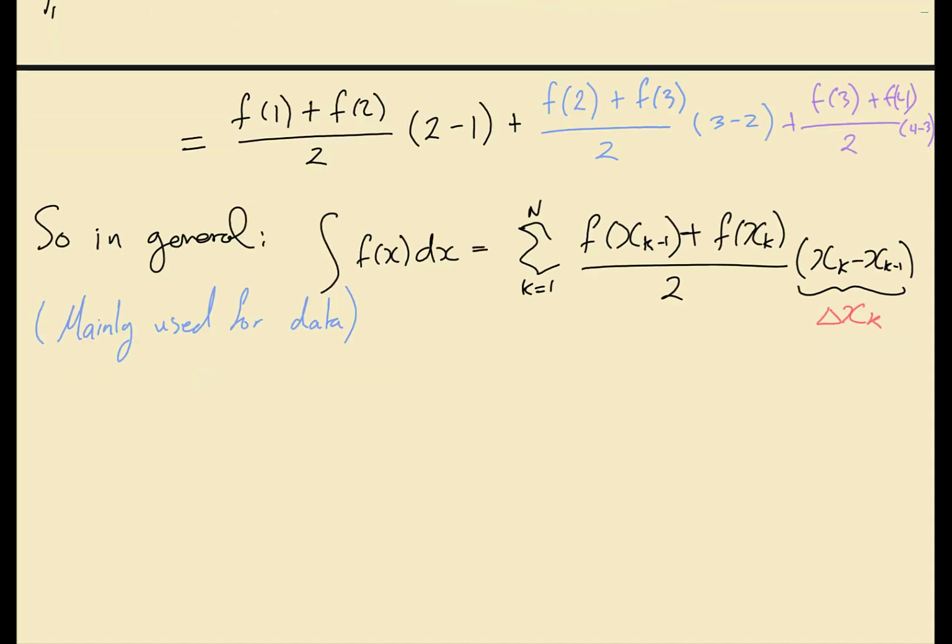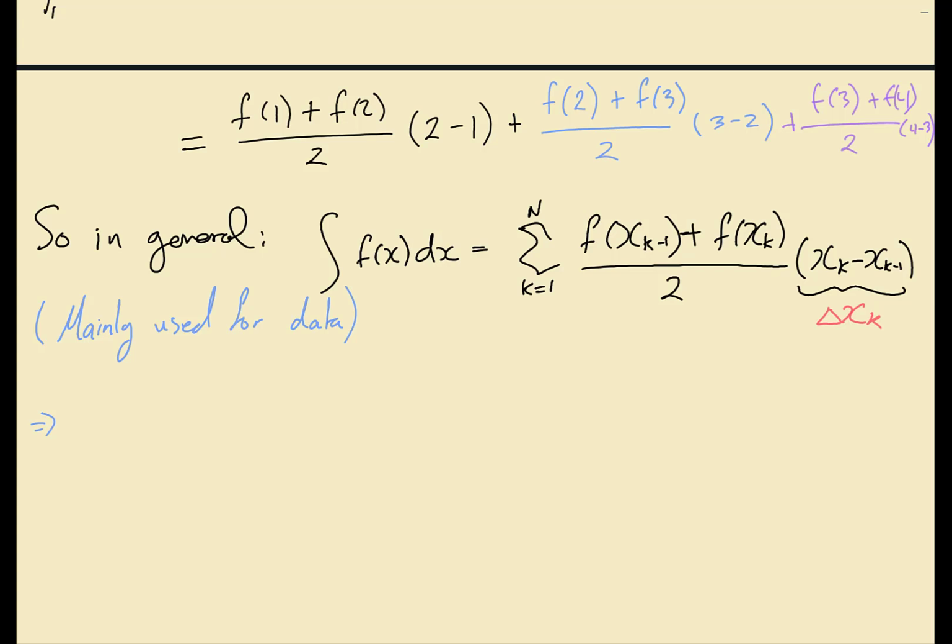Now if we have delta xk as a constant, then we can simplify this equation by taking that constant out of the summation with the 2 that we see here. Just divide by 2. So let's write that down.